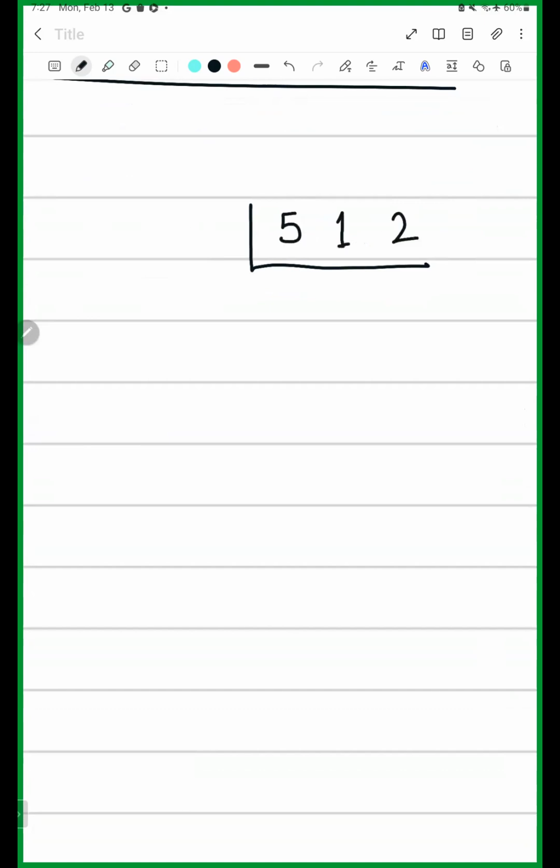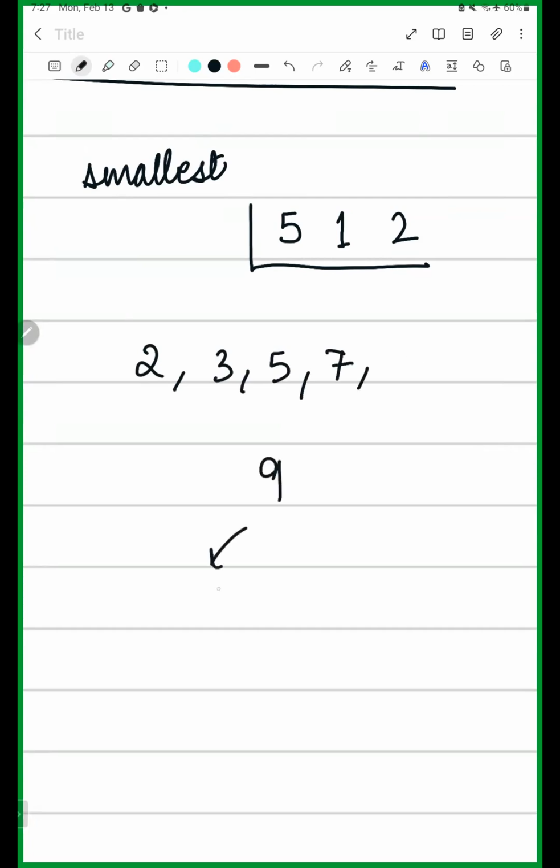You start with the smallest number which is its factor, and especially it should be a prime number. What is the smallest prime number? Hiba, you forgot? Prime numbers are, for example, 2, 3, 5, 7, not 9, because the factors of 9 are 1, 3 and 9. So 3 is also a factor of 9. So 9 is not a prime number.